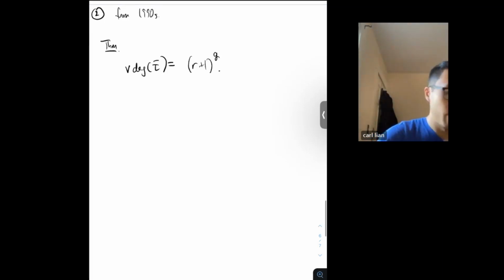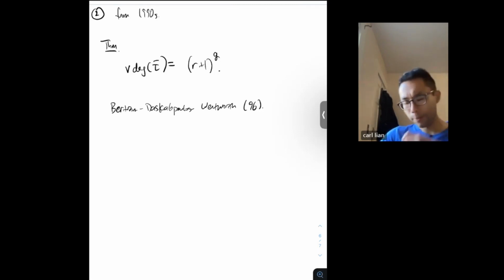So to my knowledge, the first time this formula had appeared in the mathematics literature is in a paper of Bertram, Daskalopoulos, and Wentworth, which is around 96. So one of the amazing things about this paper is that, I think 96 is the publication date, but when the paper was actually written, this was before this kind of Behrend-Fantechi machinery was developed.